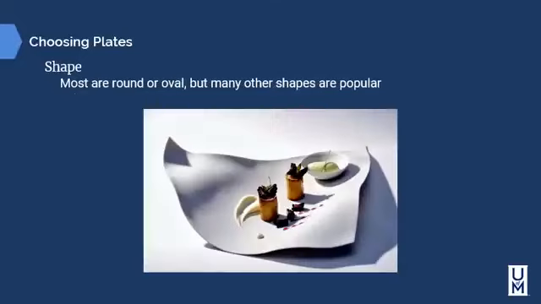Shape is also something to consider. Most are round or oval in shape, but there are many other shapes that are popular these days, and also many other materials that are popular. It's not just the ceramic or the china plate that you would see in most restaurants. Today, they're using everything from slate to wood to wire.